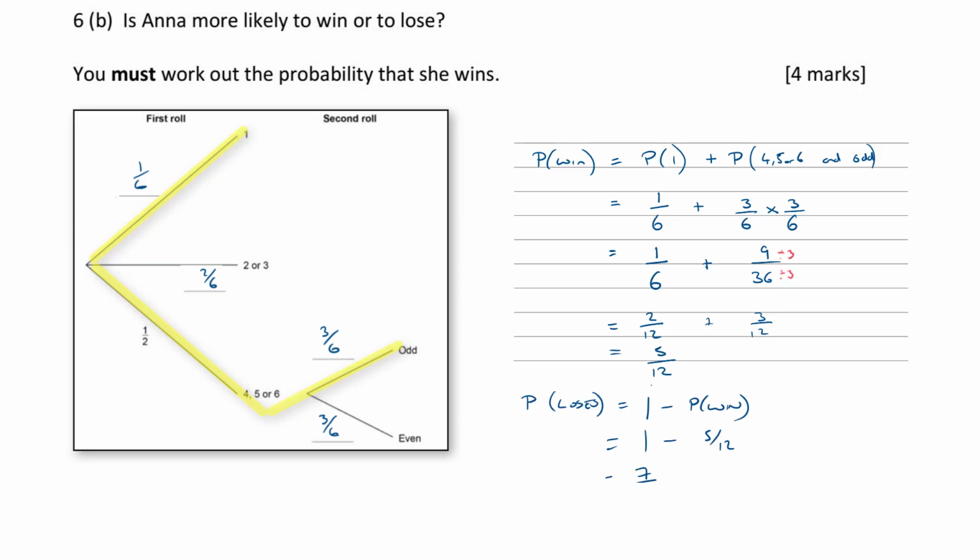Okay, so the probability that she loses is greater than the probability then that she wins. Okay, just need to be careful in these sort of questions that you've actually stated what it is that they want you to do. Is she more likely to win or lose? So we've said more likely. Let's put it in words as well. Then come more likely to lose.